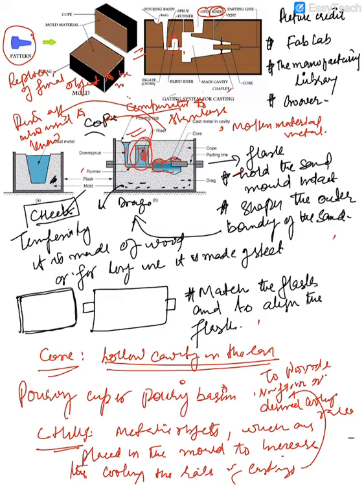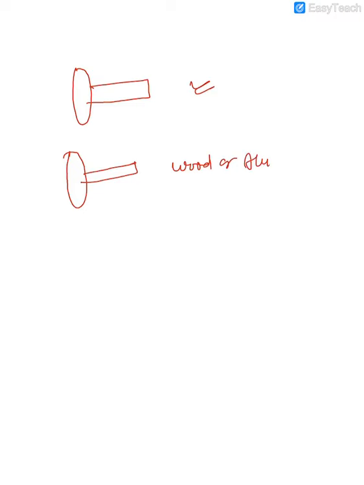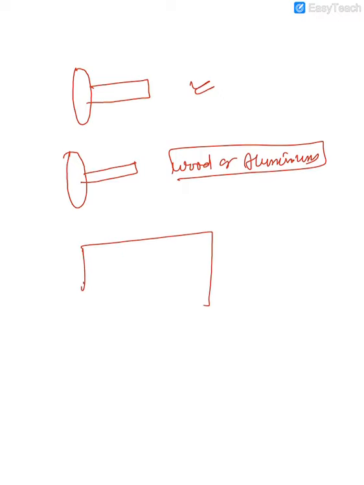Simply, if I have to make a final casting like this, then first I will make a replica of this, made of wood or aluminium, and place it in a flask.